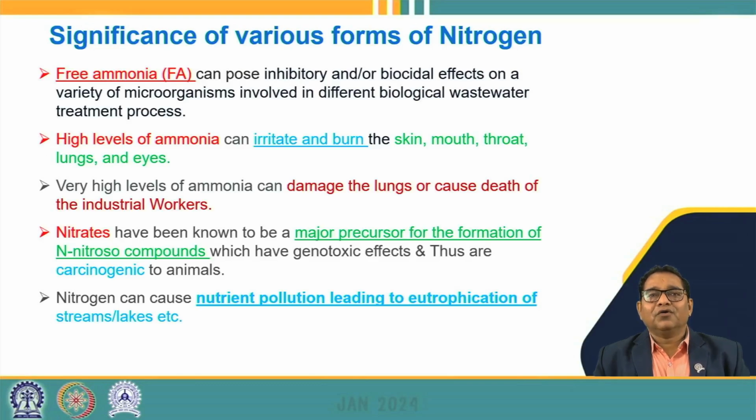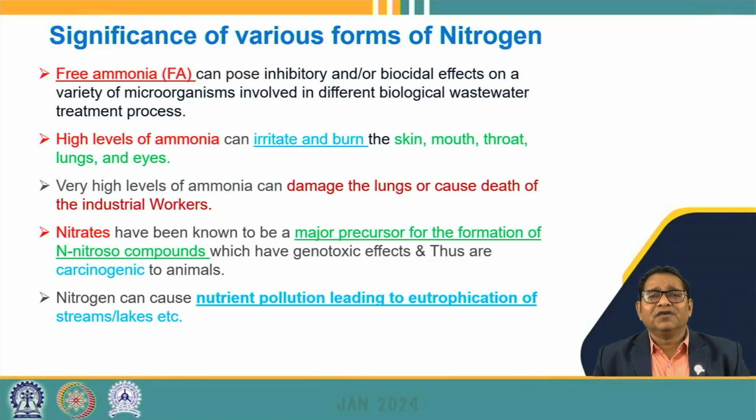Now, let us talk about the various impacts of nitrogen. There are different forms. If free ammonia is present, it is very inhibitory to the biological treatment process. In our industrial wastewater treatment, we involve a number of biological treatment processes: aerobic, anaerobic, and anoxic processes.